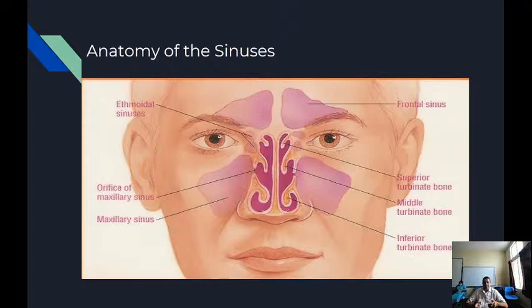What is the nasal basic function? The function is breathing in and breathing out air, olfaction, temperature regulation, humidity, filtration, and sensation of smell. All these are the functions.